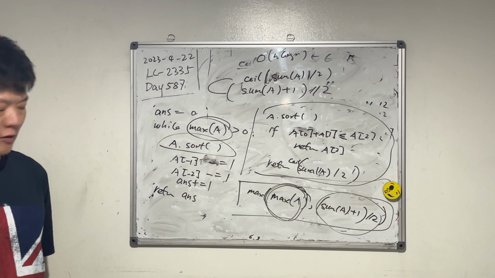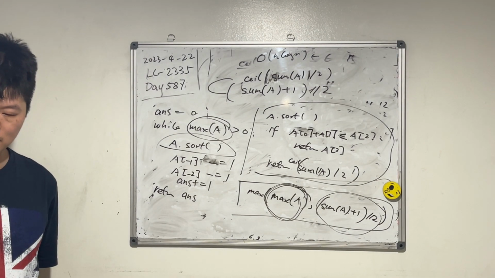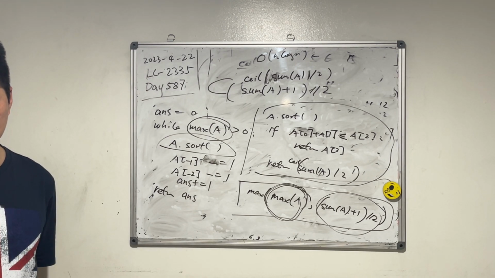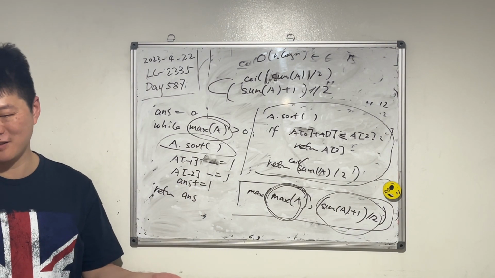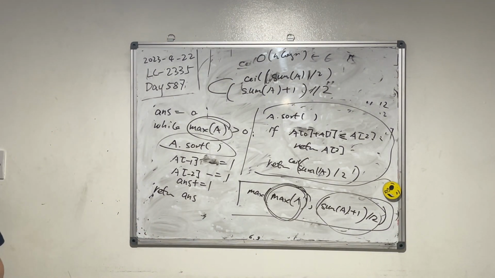You divide it by 2 because that's the maximum you can drink. Because every time I take 2, right? So the number of seconds is always half. Right? Okay, that's very good.